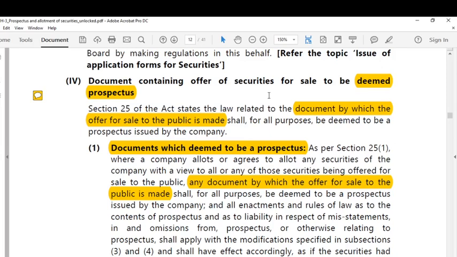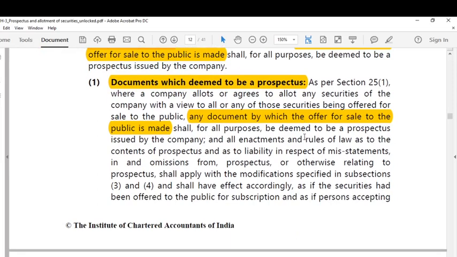So in all such cases, under section 25 of the Act, the law very clearly states that the document by which the offer for sale to the public is made is deemed to be a prospectus. That is what the definition very clearly tells.